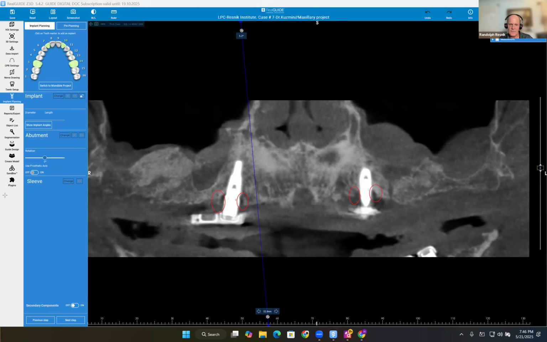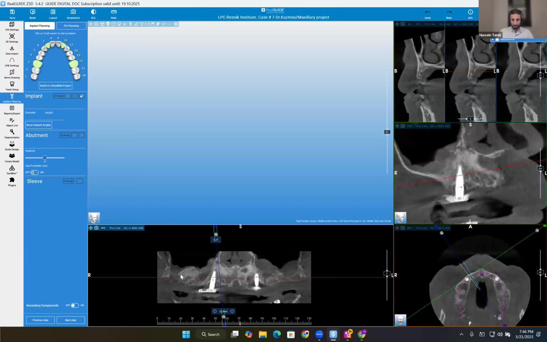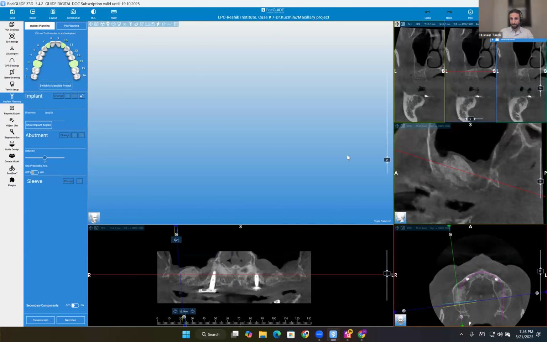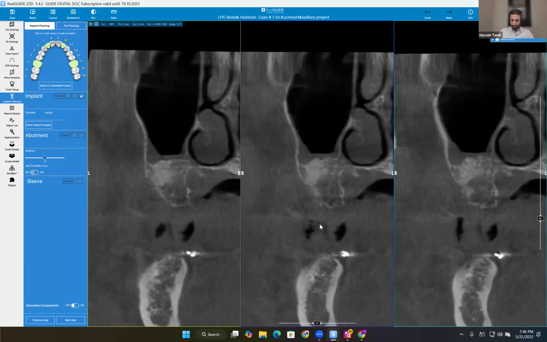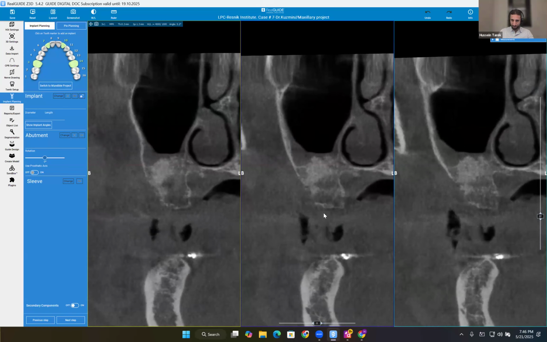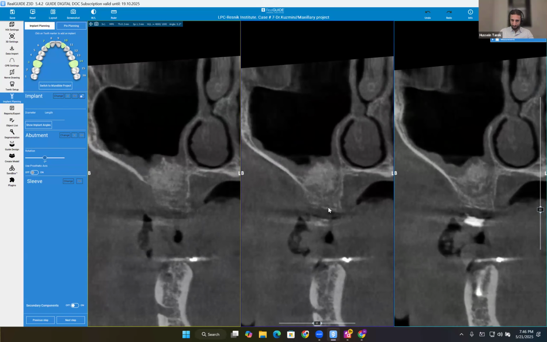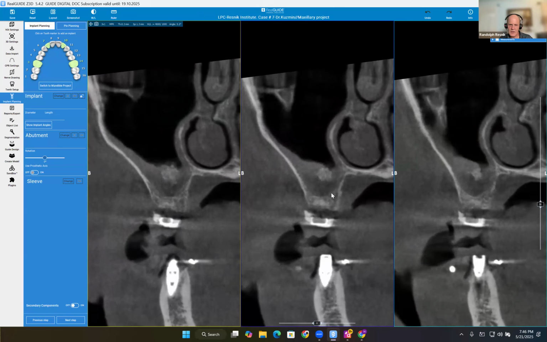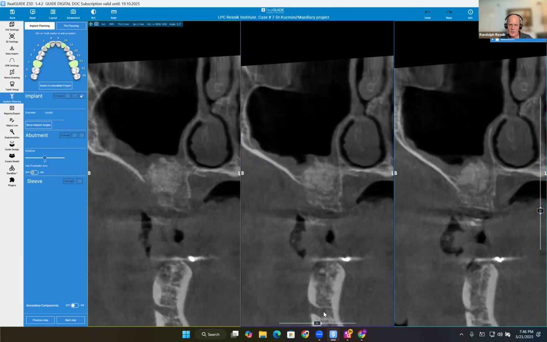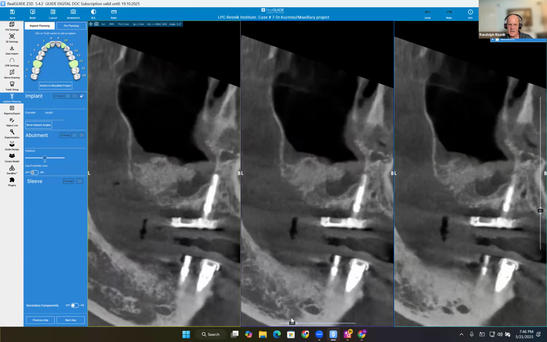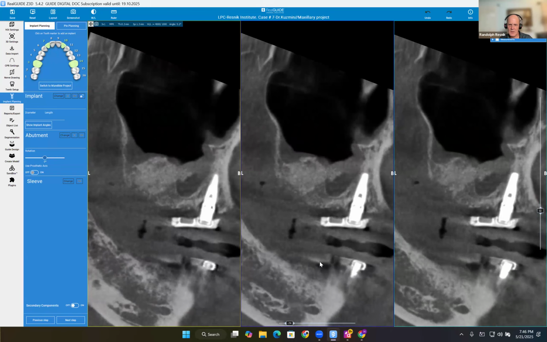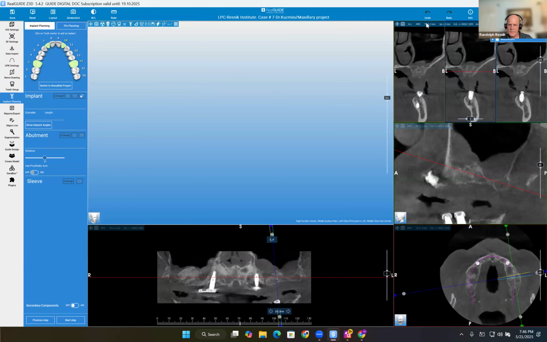Okay, so let's first look at this right sinus. Hussein, can you give us cross sections through the right sinus? Right away, sir. Here we go. Okay, now let's go over to the left sinus and do the same on the left.